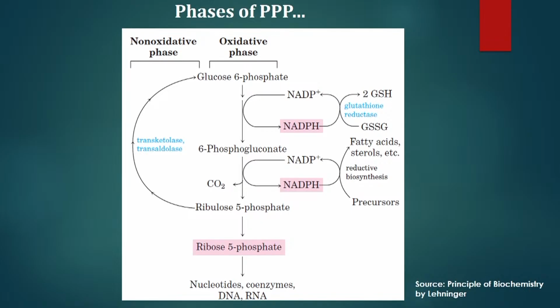But when NADPH is produced, it prevents their formation, so that the cell can be free from free radicals. I will tell you in the next few slides how this NADPH molecule and ribose 5 phosphate play an important role, and why this pathway is important.